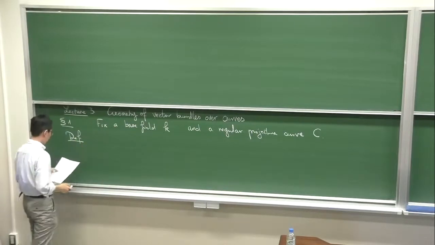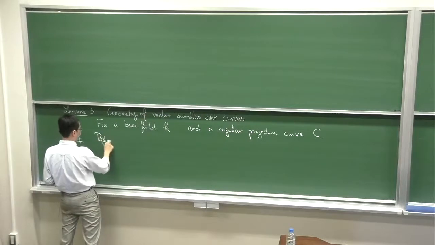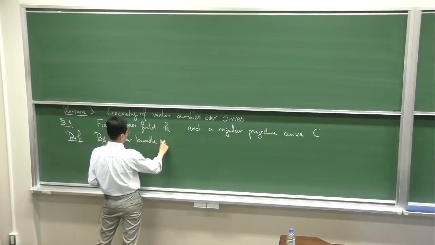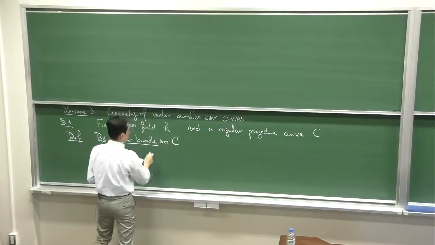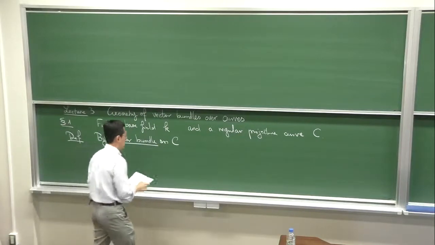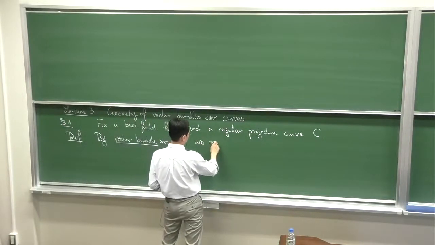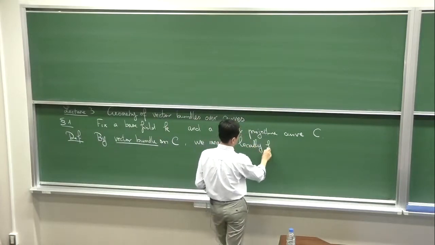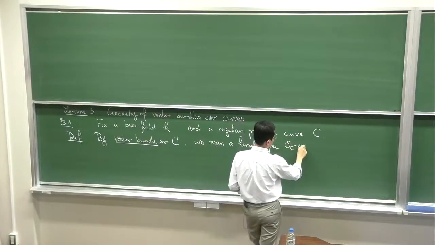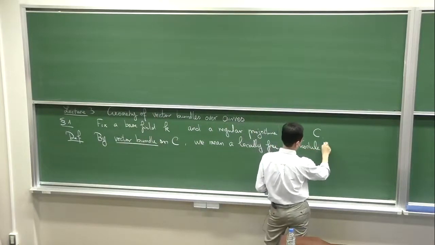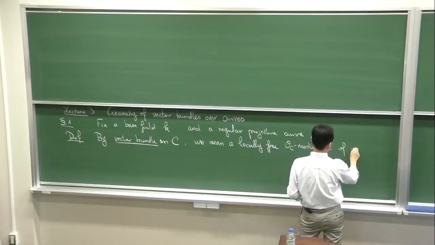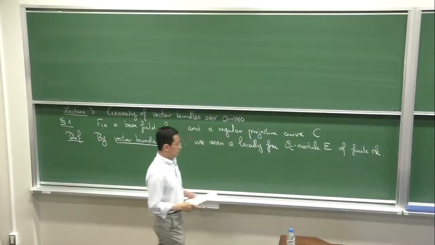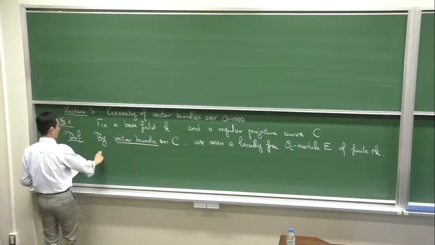Just a small reminder: by a vector bundle on C, we just mean a locally free sheaf of finite rank. If the rank is 1, we just say that E is a line bundle.